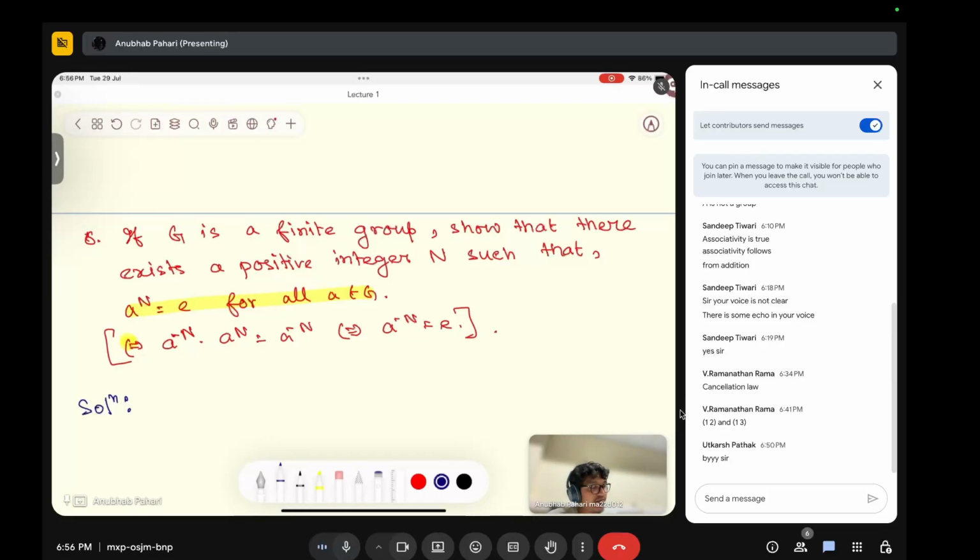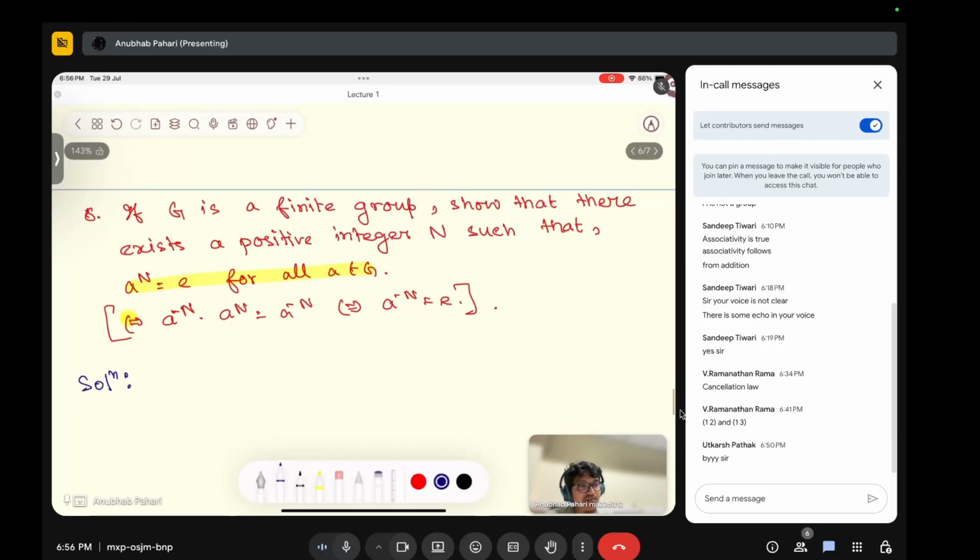For example, if you take Z2 cross Z2, every element has order 2, by order I mean the least positive integer such that a to the power n equals e, but yet the order of the group is 4. Those will come later.